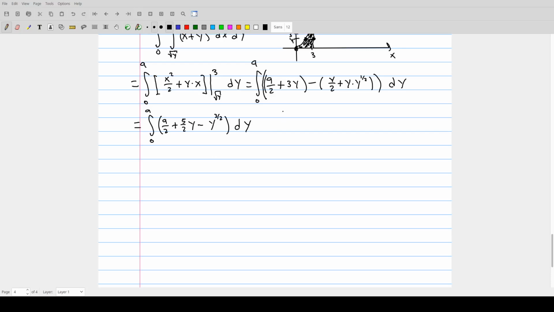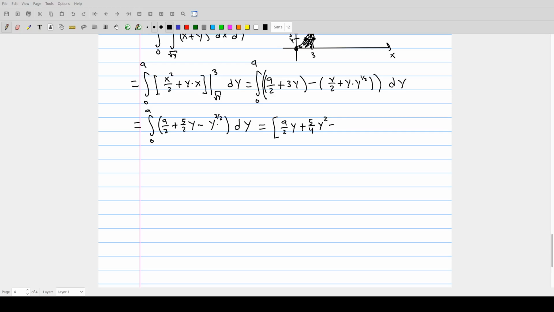And this integral is a single variable integral, so we can go through and integrate each one of these terms to get 9/2 times y for the antiderivative of 9/2, and then plus 5/4 times y squared, because the antiderivative of y is y squared over 2.